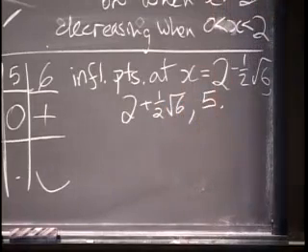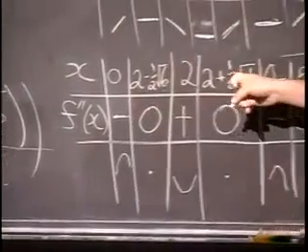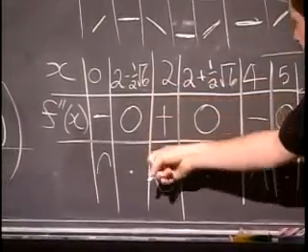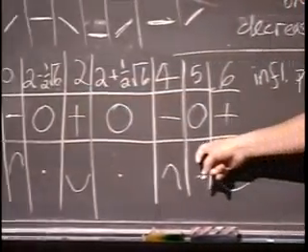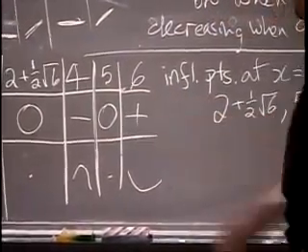So those are the 3 inflection points. Where is the curve concave up? The answer is not necessarily at 2, but rather between 2 minus a half root 6 and 2 plus a half root 6. Again, 2 is just a representative point. And it's also concave up to the right of 5, 6 being the representative point.